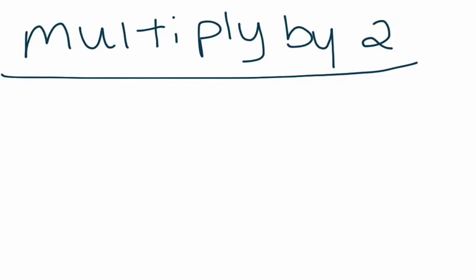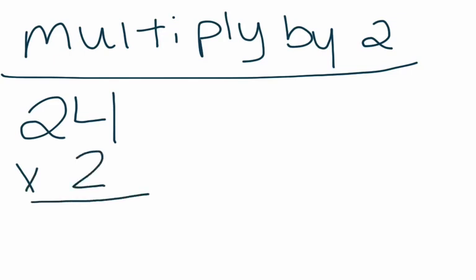So if I say, please double $24, which is what it says on page 441, you are going to do 24 times 2. So we look over here and we say, now, 4 times 2 is 8, and 2 times 2 is 4. So the answer is 48.